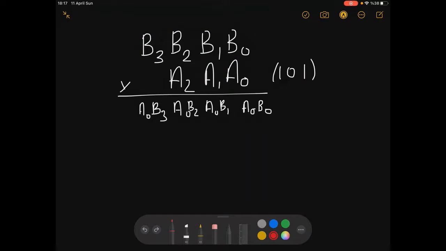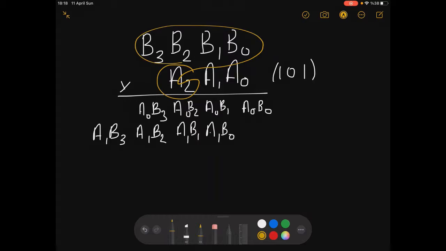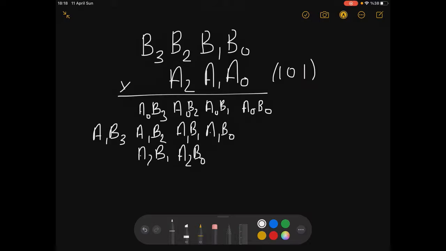Okay, A1 next: A1B0, A1B1, A1B2, A1B3, perfect. And finally this one, and it would be what? A2B0, A2B1, A2B2, A2B3.